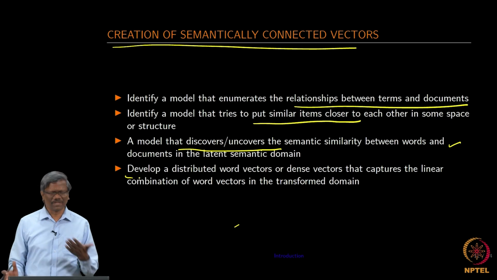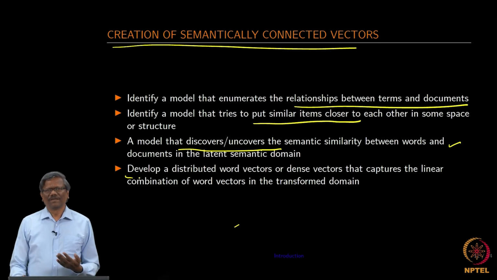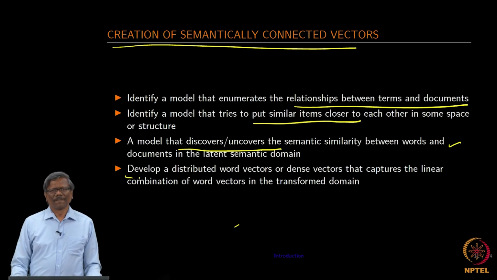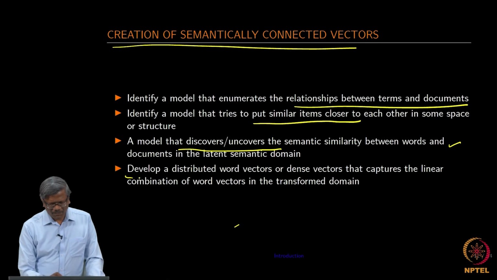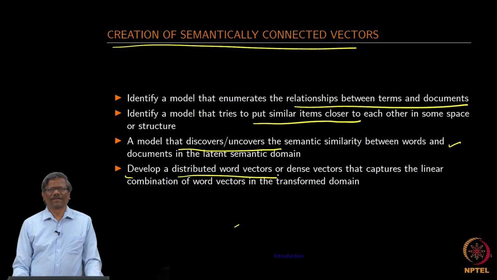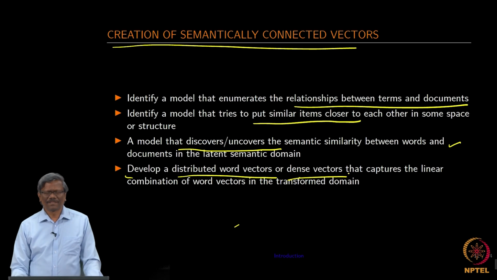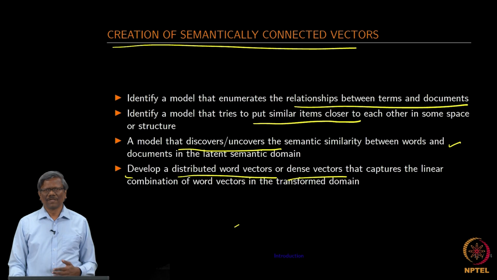For example, the document that you are seeing contains the words and paragraphs. So, in the transform domain, how do they look, right? So, we will be looking at converting the words into word vectors or dense vectors. So, this is a very important step to do.